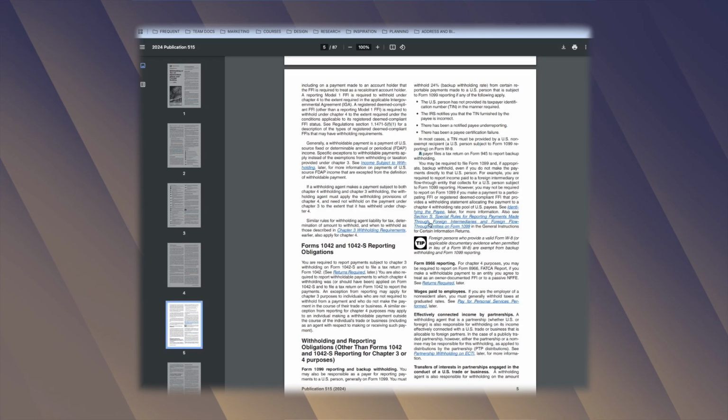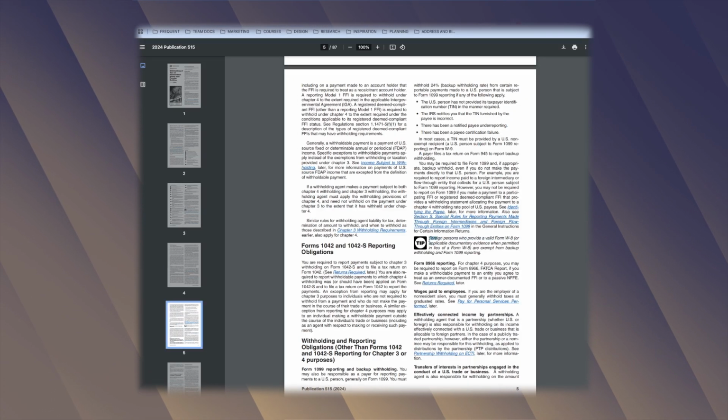This doesn't happen very often, but it can happen. It's not generally enforced, but it can be enforced, and by the letter of the law it should be enforced. So if someone's going to pay me and they know I'm an American doing work in the U.S., but I won't give them a W-9 or a W-8 to identify myself, then they should withhold taxes. That's what it says.